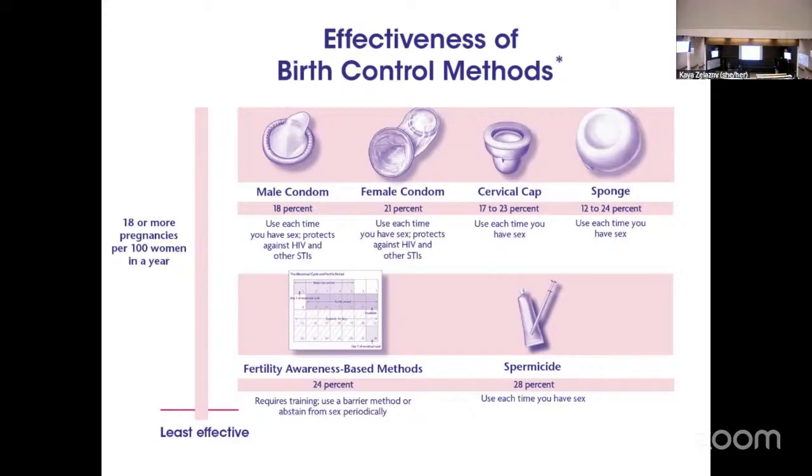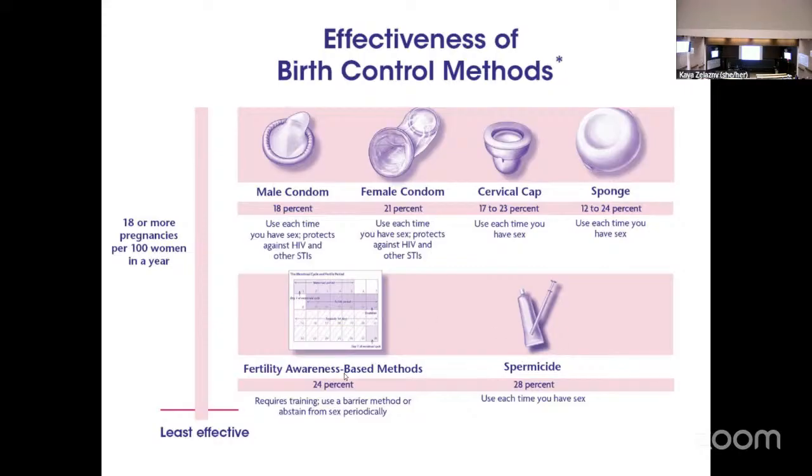You can see that failure rates here are between like 18 to 24% for these different methods. So they help, but especially without perfect use, especially without really understanding what's going on, not as effective as especially some of these long-acting contraceptives.